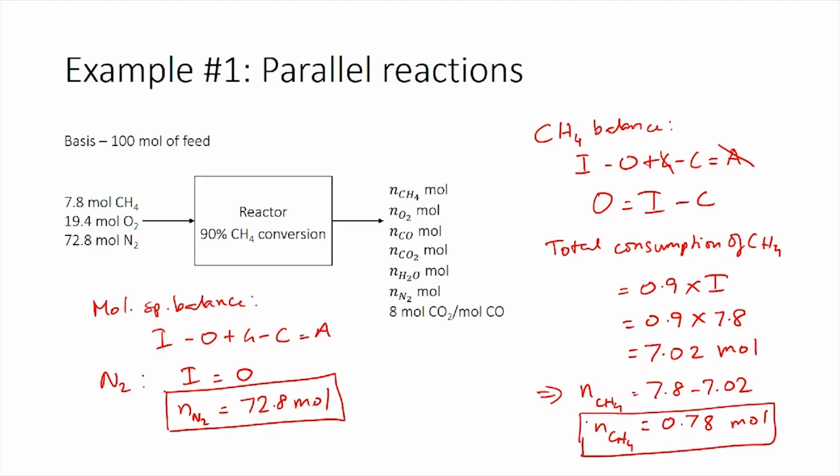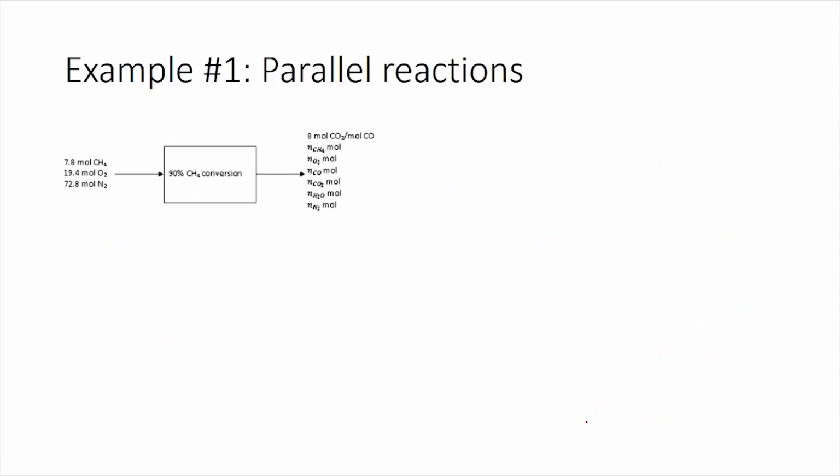So we have now calculated the number of moles of nitrogen and methane. Let us start writing the balance for carbon monoxide. CO balance, again input minus output plus generation minus consumption equals accumulation. Carbon monoxide is a product, which means there is no consumption and there is only generation. At steady state there is no accumulation also.